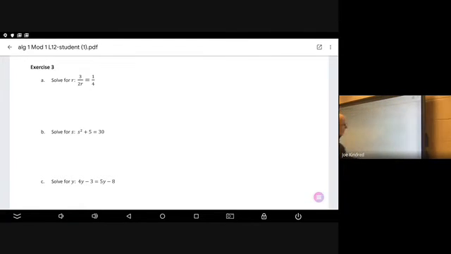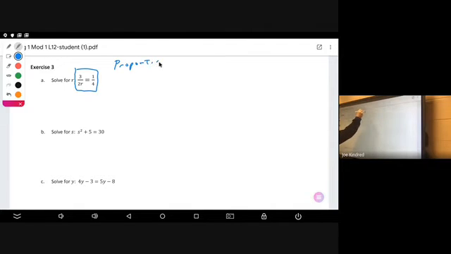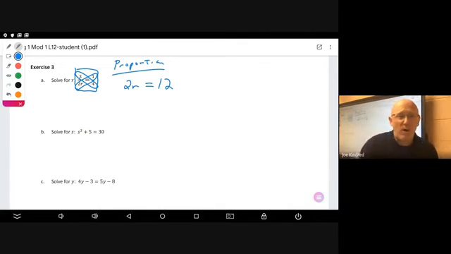The first step is, again, what's happening to the variable? So I look close here and I realize that this is a proportion. And the one thing I know about proportion is I know the cross products are equal. Cross products, in this case, multiply 2r times 1 and 3 times 4.